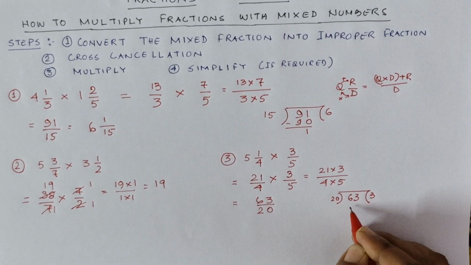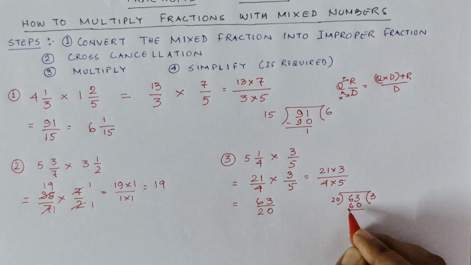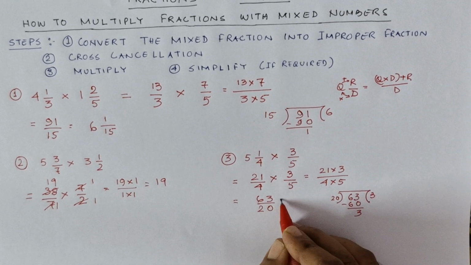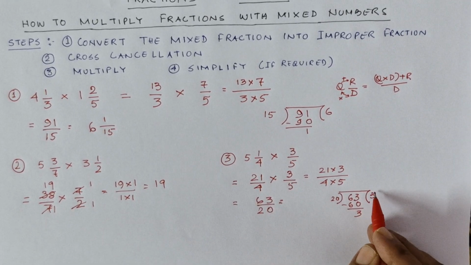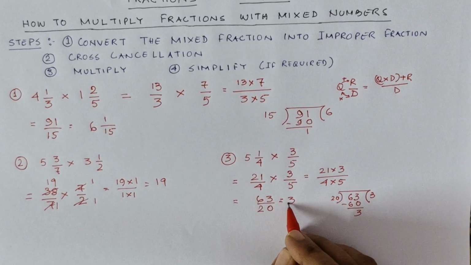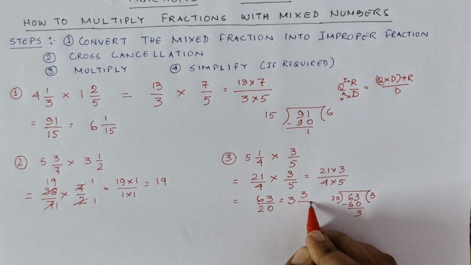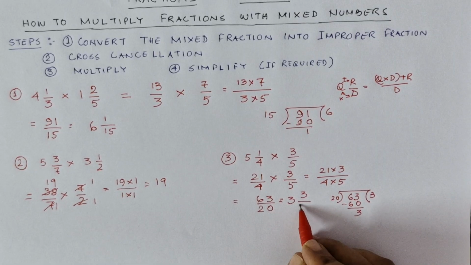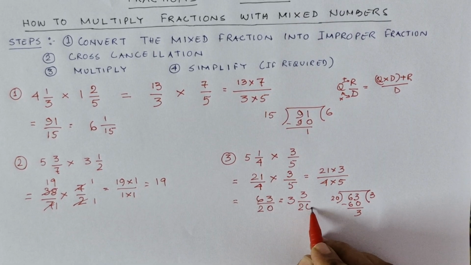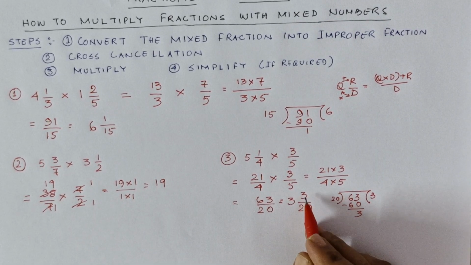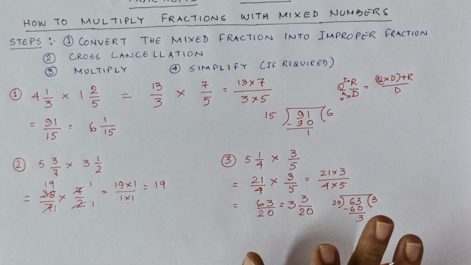So 20 3s are 60, the difference is 3. So always remember, the quotient is the whole, 3, the remainder goes above, and the denominator or the divisor remains. So 3 whole 3 by 20 is the answer, right?